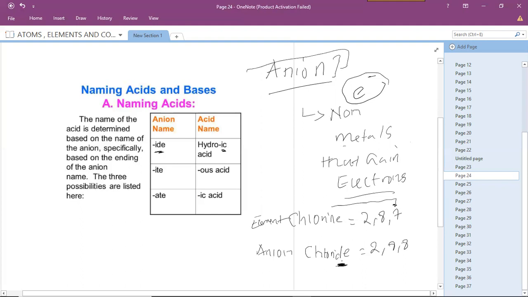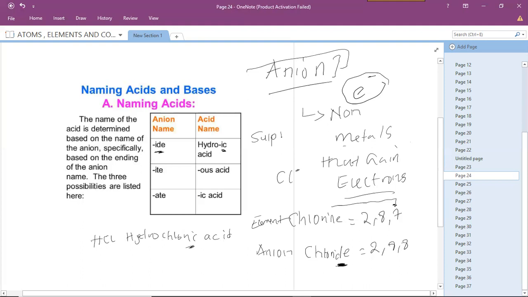Chloride ends in IDE. So if chloride dissolves in water, the acid that will be formed will be hydrochloric acid. You've seen that, hydrochloric acid.